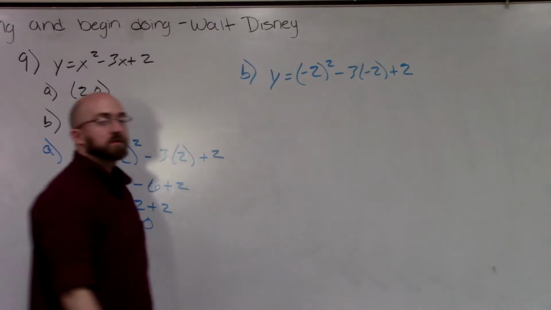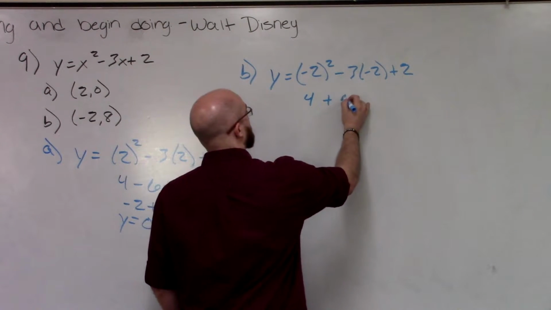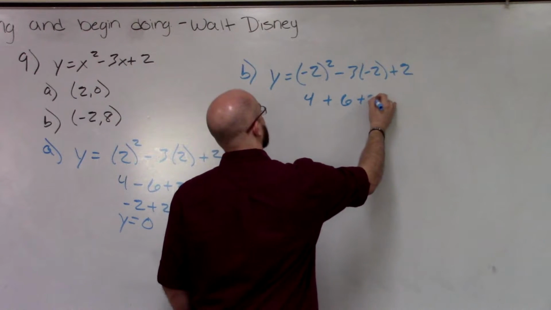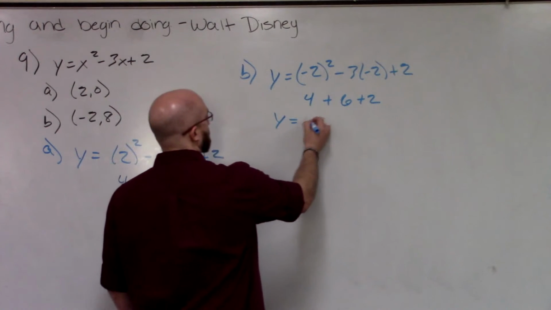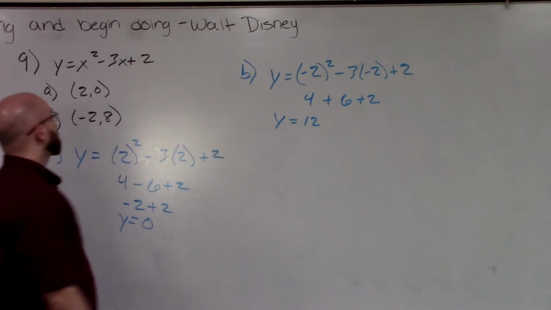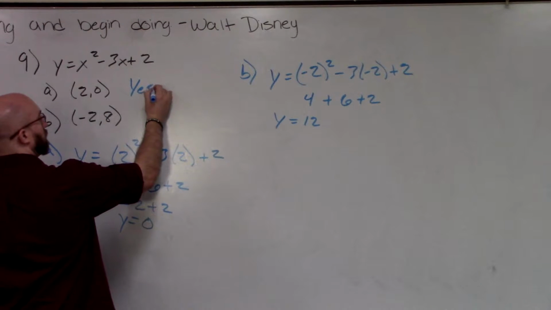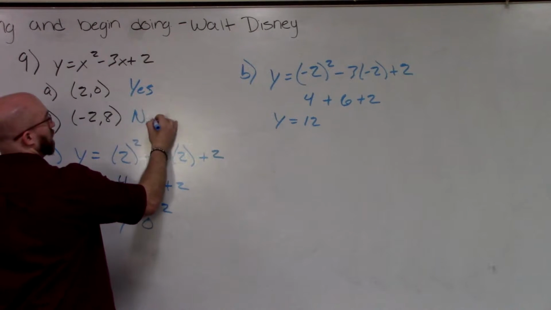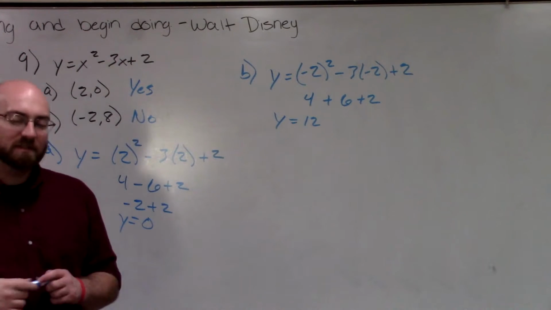So we get negative 2 squared, which is 4, plus 6 plus 2. That's going to equal 12. As we see, that one doesn't work because we were supposed to get 8. So we're going to say yes and no for those examples. That's just finding the solution, seeing if the solution works.